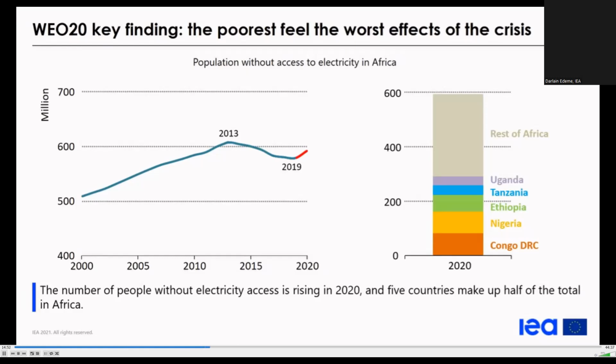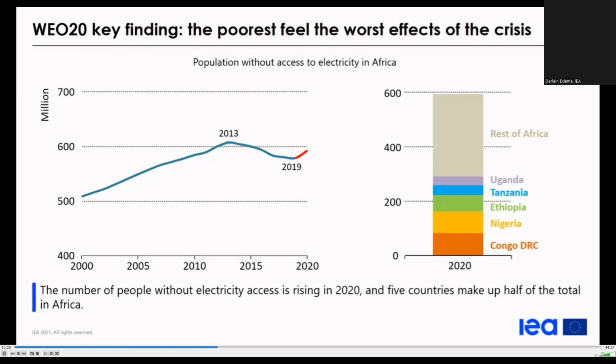There are many reasons that can explain this rise in the number of people without access in the year 2020 due to the pandemic and its aftermath. Governments had to shift priorities to more urgent tasks, limiting support to some electrification programs, or limiting some policy priority given to expanding electricity access.